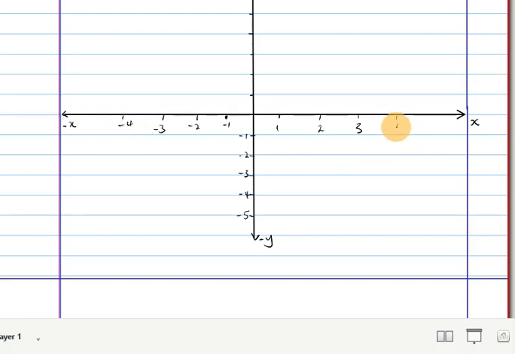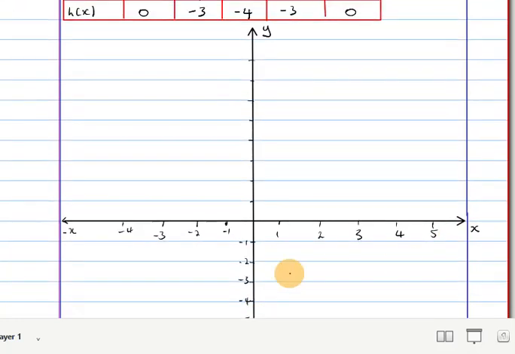Here it's 3, 4, 5. This arrow shows that it goes up to infinity. So here I say 1, 2, 3, 4, 5, 6, 7, 8 up to infinity.